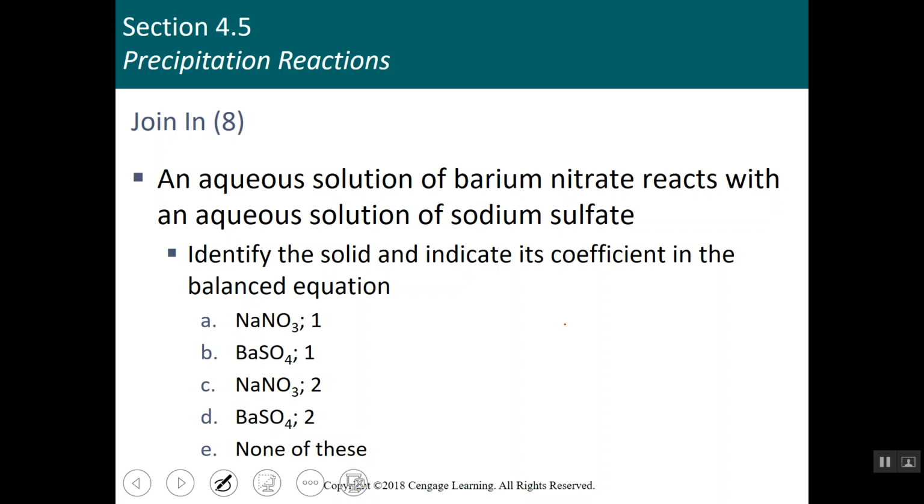An aqueous solution of barium nitrate reacts with an aqueous solution of sodium sulfate. Identify the solid and indicate its coefficient in the balanced equation. Now first, sodium's going to go with nitrate. So we know that sodium nitrate, because all nitrates are soluble, cannot be our precipitate. But we have barium sulfate.